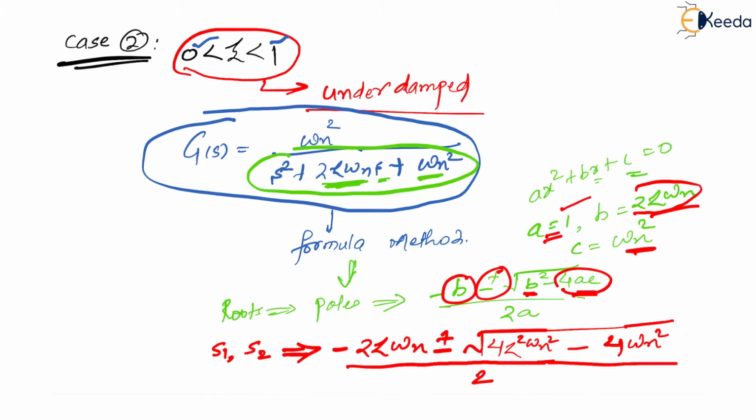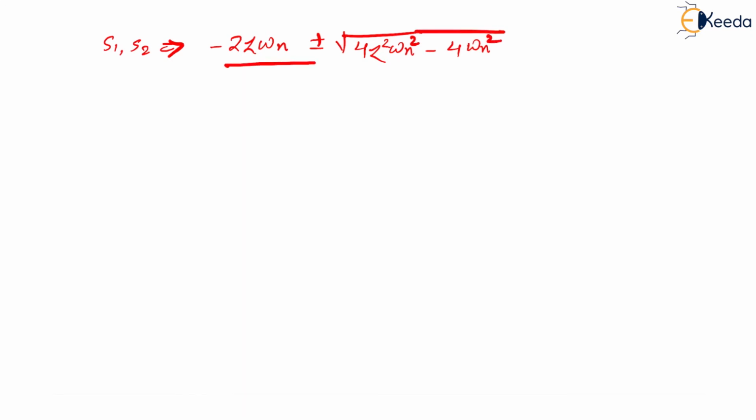Correct? Now, if I further simplify, let me take this 4 and omega n out. Let us see what happens. I had s1, s2 equal to minus 2 zeta omega n plus minus under root of 4 zeta squared omega n squared minus 4 omega n squared, divided by 2.